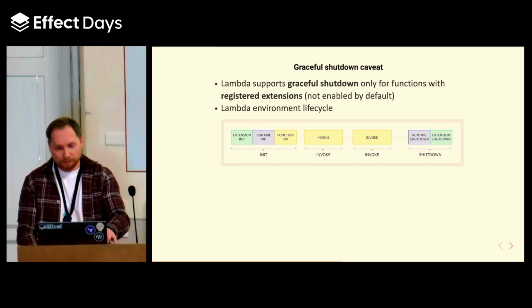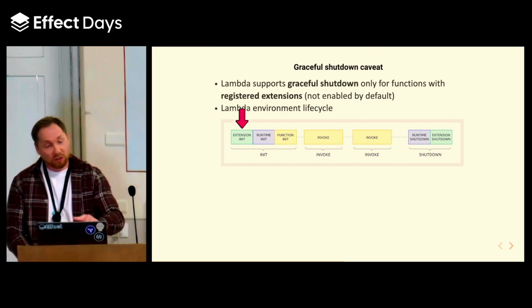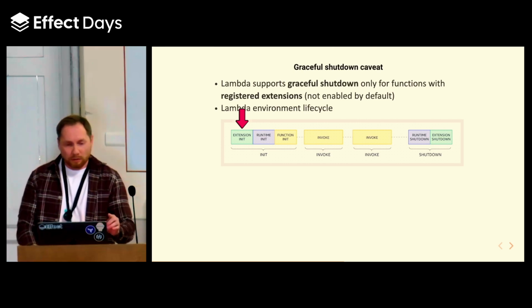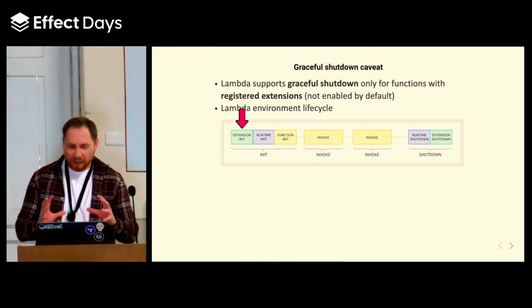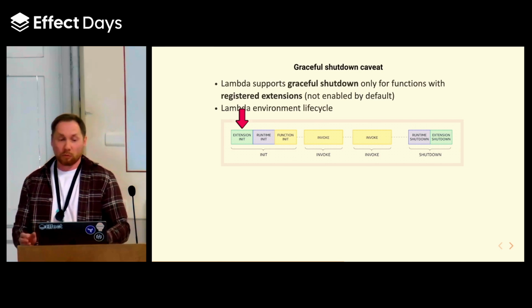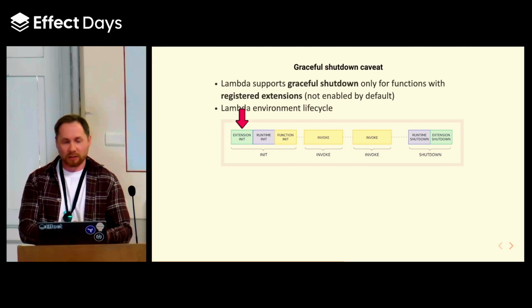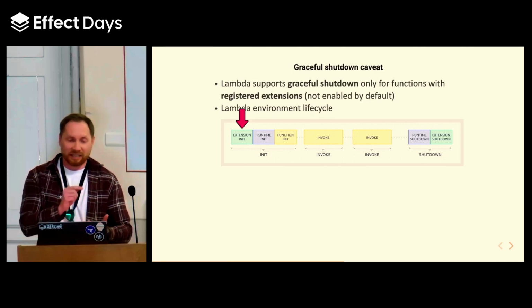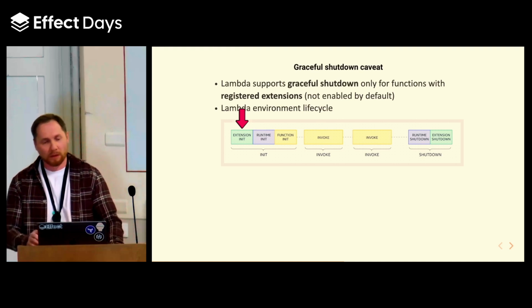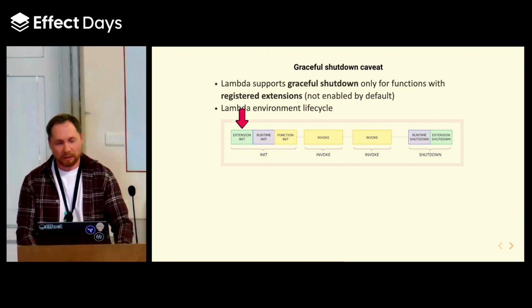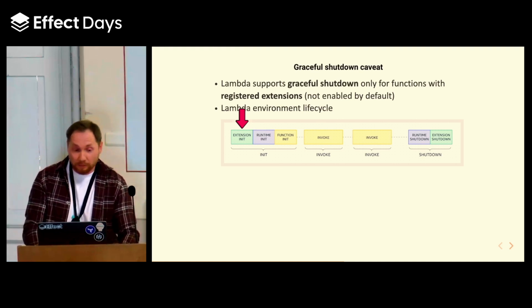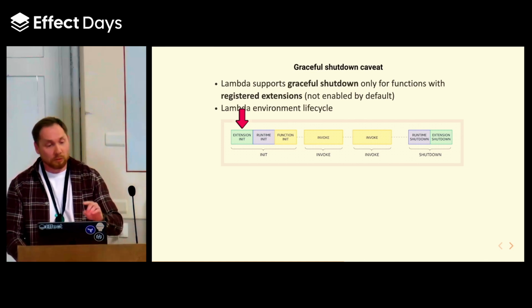So this is the life cycle with the registered extension. To actually enable graceful shutdown on the Lambda function, we need to attach any kind of layer which is an extension, and this extension will subscribe to all the necessary non-native signals. This is why this will work.